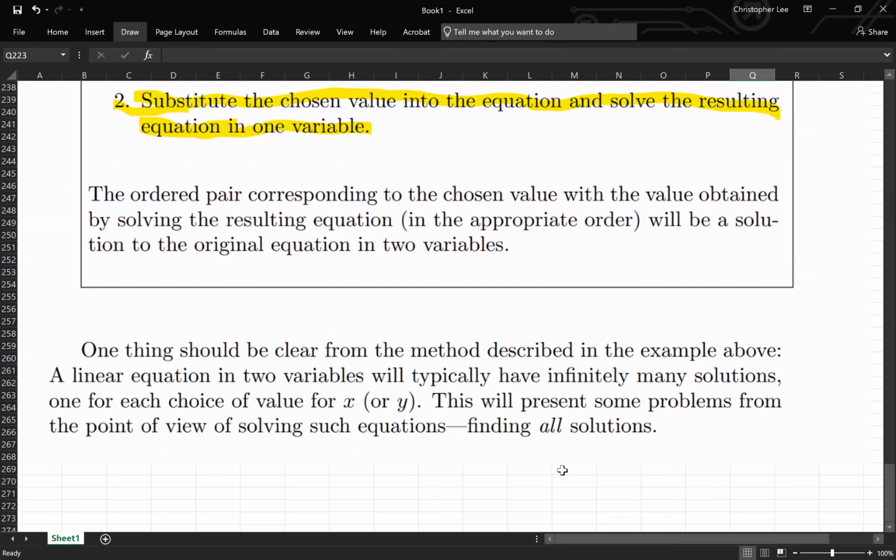One thing should be clear from the method described in the example above. A linear equation in 2 variables will typically have infinitely many solutions, one for each value for x or y. This will present some problems from the point of view of solving such equations, finding all solutions.